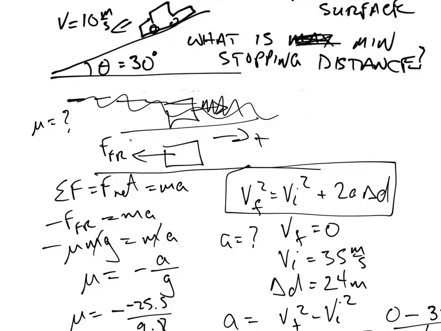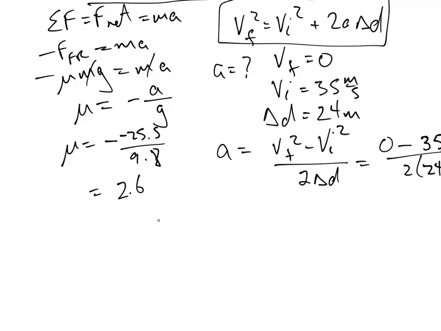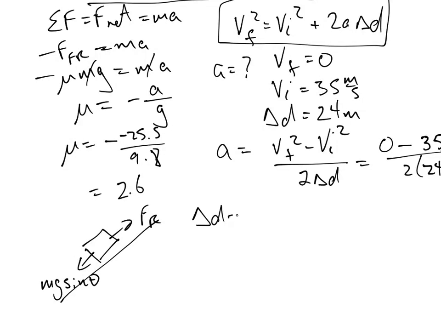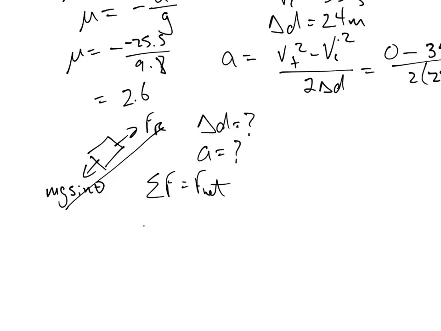At this point, we have to go to the slope situation, and we say to ourselves, okay, we have friction going this way, and we have gravity, mg sine theta, going this way. What we're looking for here is delta d. In order to get delta d, we're going to need a. So in order to get a, let's do the summation of the forces again, which is F net. Let's say this way is positive now.